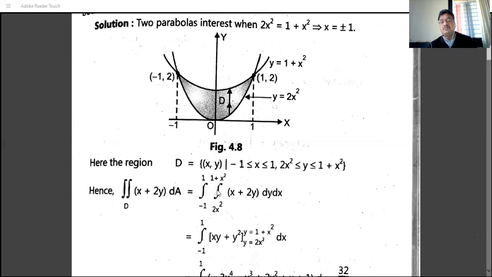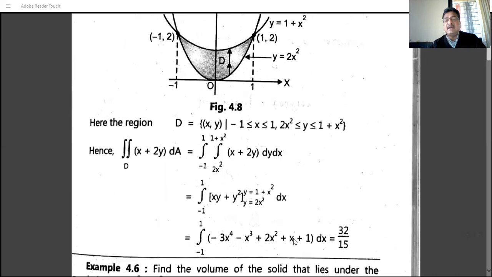So y runs from 2x square to 1 plus x square. Obviously the lower limit is 2x square, and 1 plus x square is the upper limit. If we interchange the upper limit and lower limit, then we get the same answer with a difference in sign.